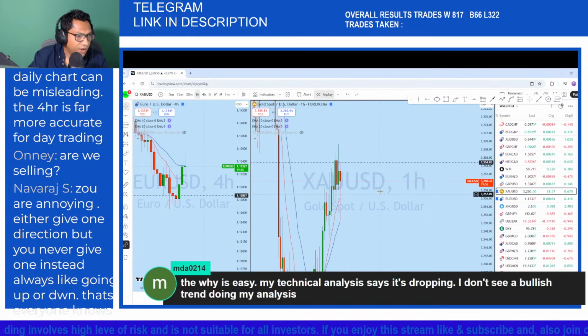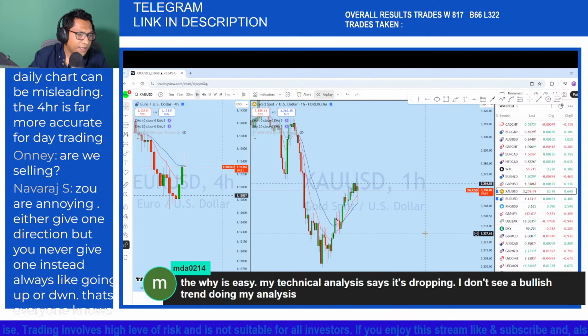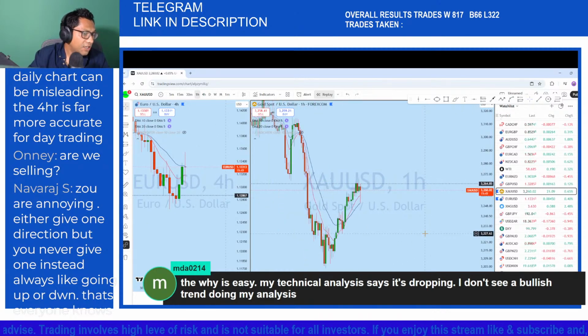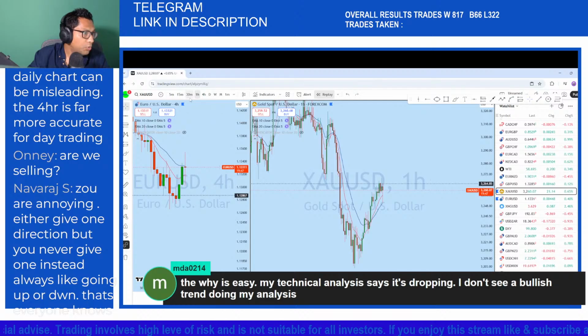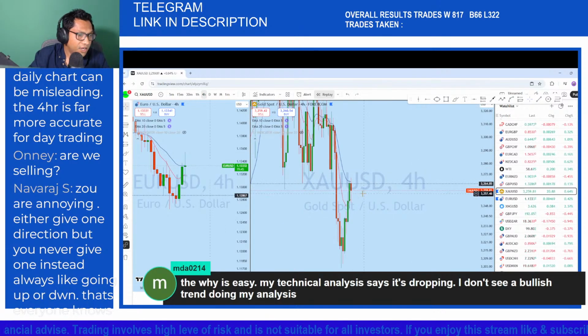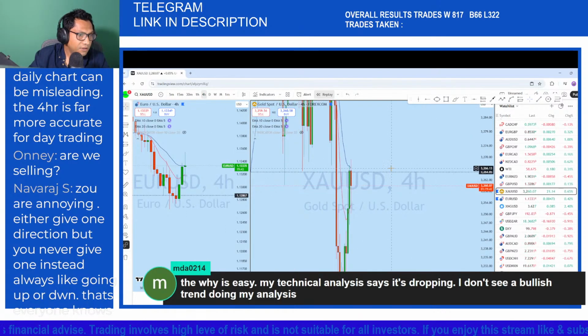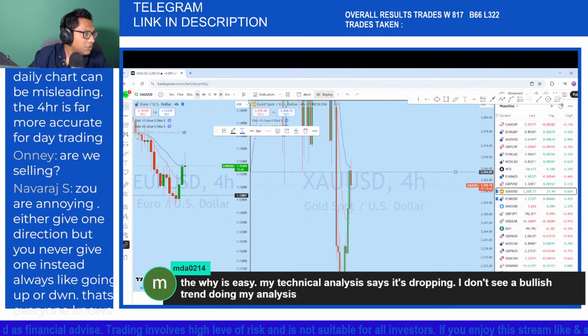If this 1 hour candle closes as a doji or a bull candle, that's where you will potentially see a possible bullish move. Or if the market is retesting and dropping back again, we could still see that bearish pressure.